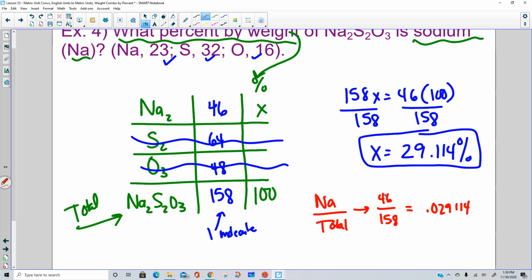This is just a pure 46 out of 158 is this. Well, what percent is that? Move the decimal. Oh, sorry, I got that a little wrong. That should be 0.29. Excuse me on that. All right, then you'd have to move the decimal to the right and call it a percent.